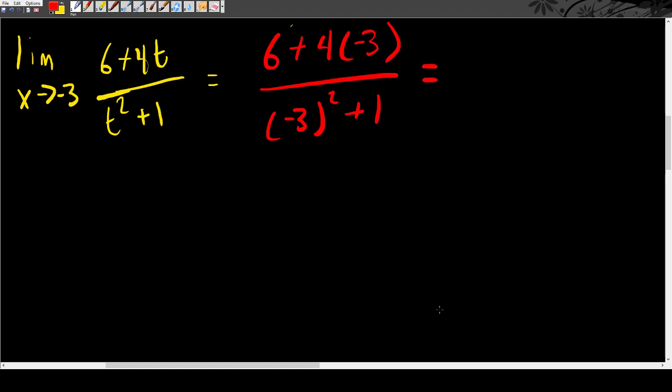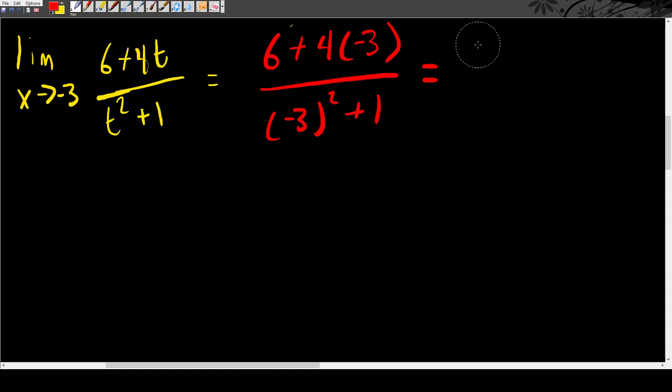Now here is a thing that you kind of have to know about limits. If a limit ever equals 0 on the bottom, it doesn't exist. You just write DNE, does not exist. This one doesn't equal 0 on the bottom here, so you just go ahead and solve this.